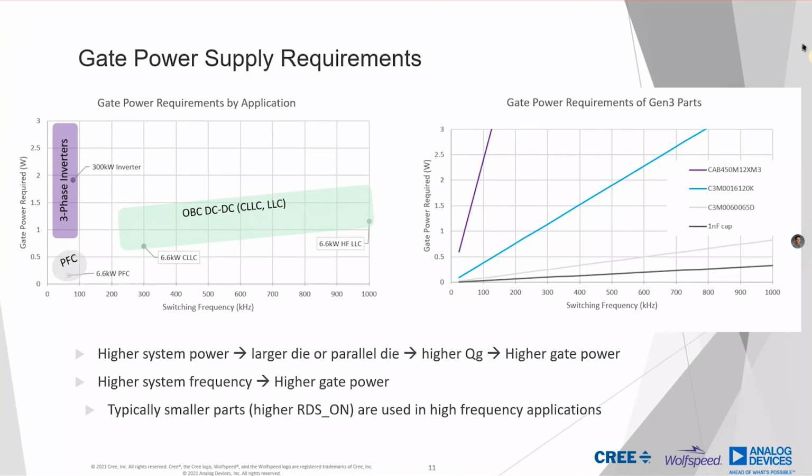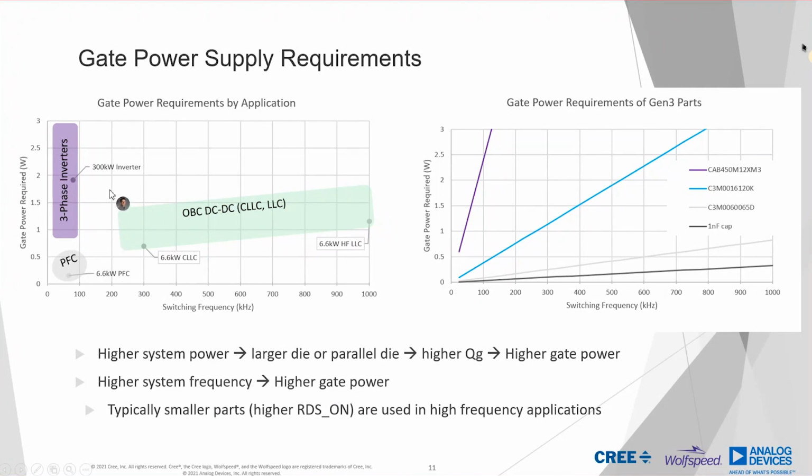Those end up typically having a fairly low gate power requirement, just because they're often in the 50 to 100 kilohertz switching frequency range, and at that lower power level the devices have smaller gate charge. Therefore, they typically have low gate power. Not to say that you can't operate beyond these, but these are standard areas.